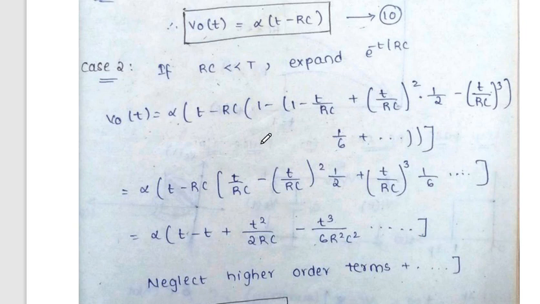Now in this, take the minus sign inside. Therefore, minus 1 plus 1 cancel, and we get plus t by RC minus t by RC whole square into 1 by 2 plus t by RC whole cube into 1 by 6 and so on.